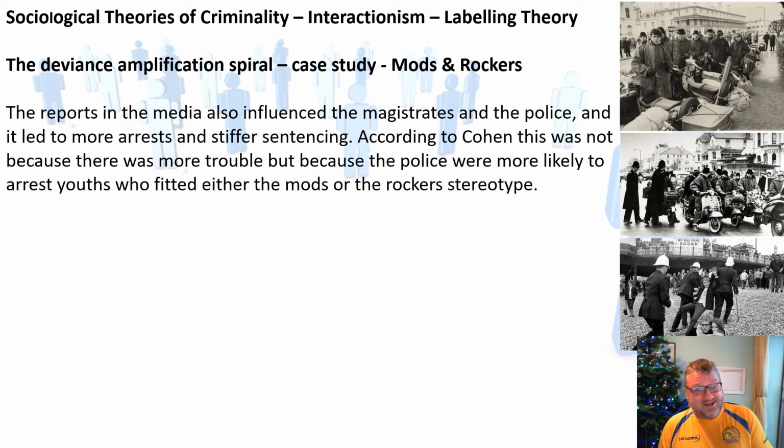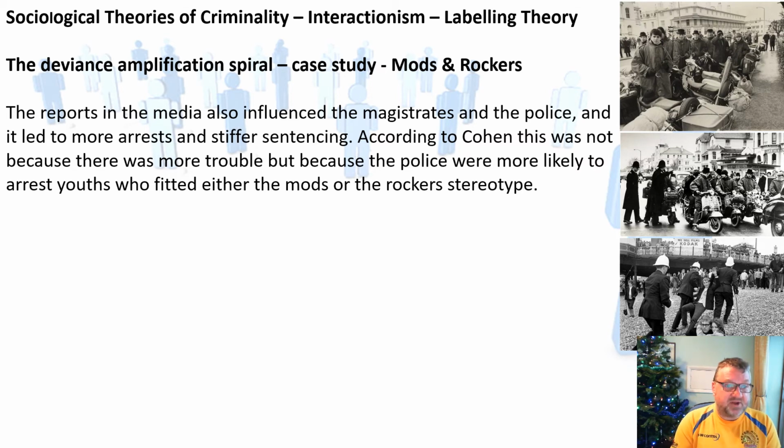So, as I said, the reports of the media then have an influence on the magistrates and the police. That in turn led to more arrests. That led to stiffer sentencing. And according to Cohen, this wasn't because there was more trouble.